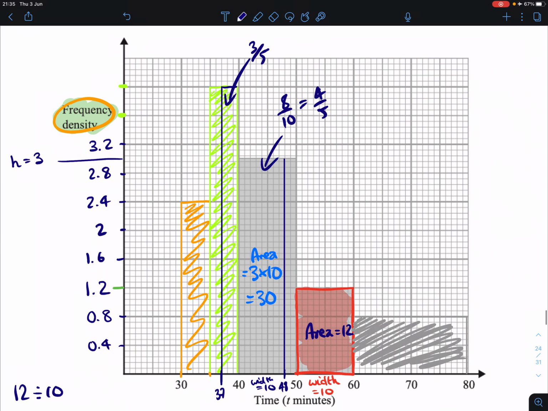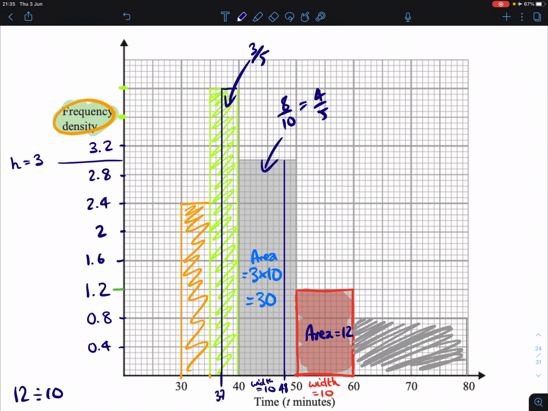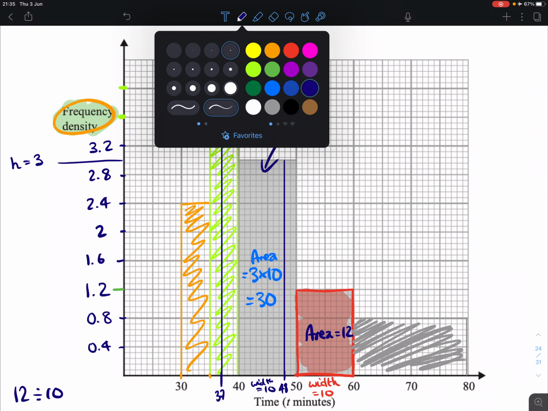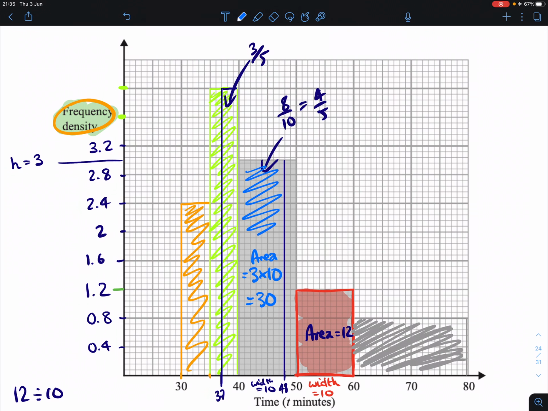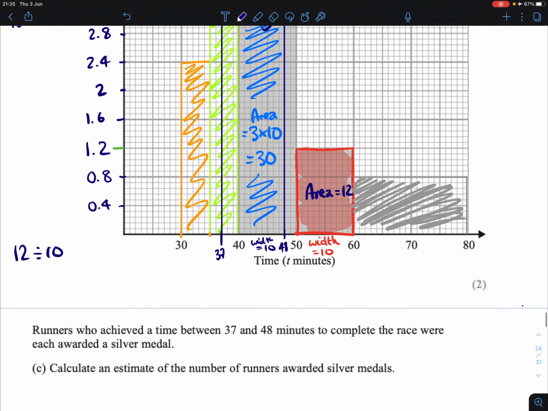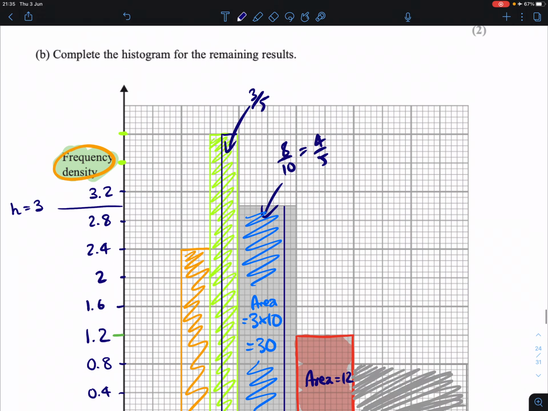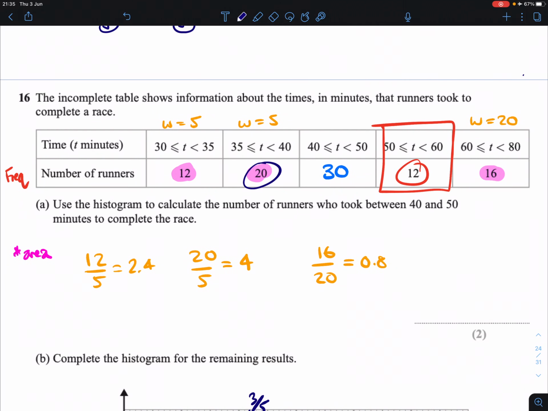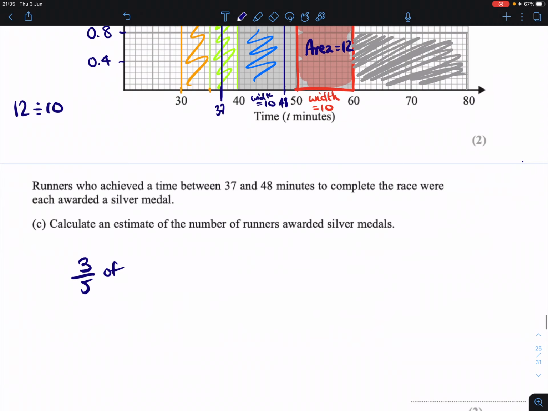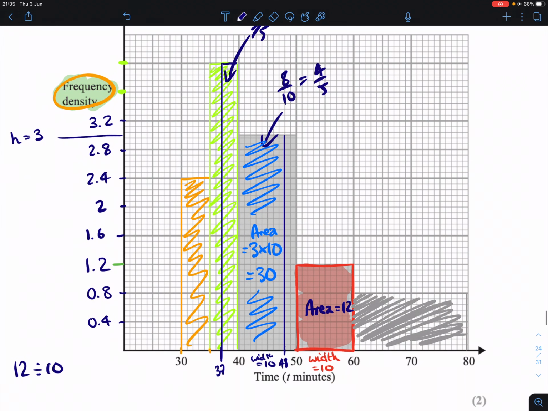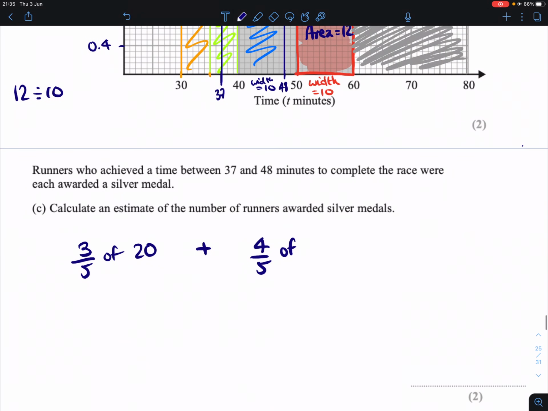So 3/5 of the people in the lime green bar and 4/5 of the people in the blue bar here we care about. They're the ones that are going to get silver medals. So 3/5 of the number of people that were in the lime green bar, that was 20, 3/5 of 20, plus 4/5 of the number of people in that blue bar, which was 30, so 4/5 of 30.